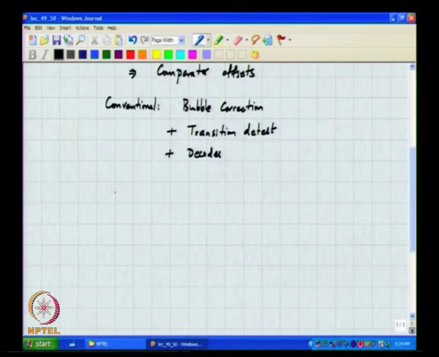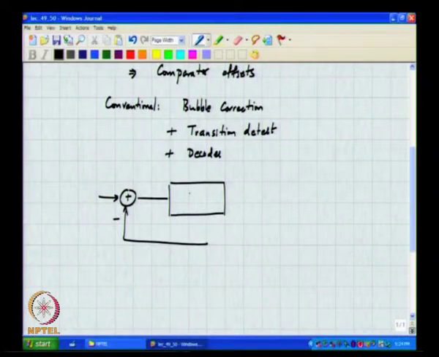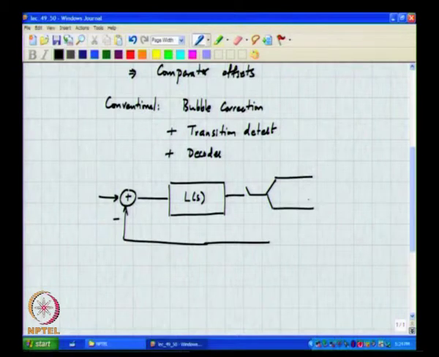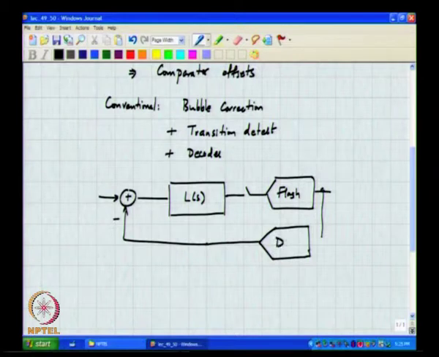When this flash is embedded inside a loop, for example like this, okay.